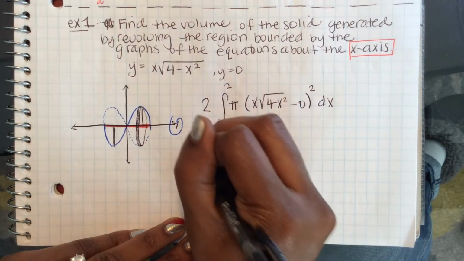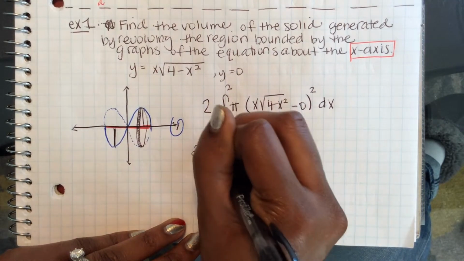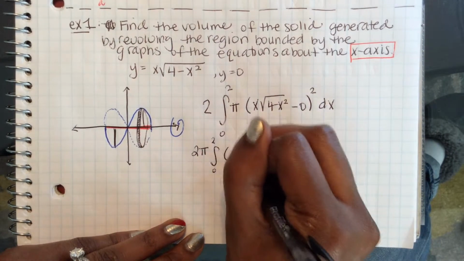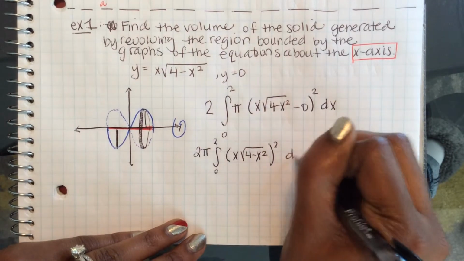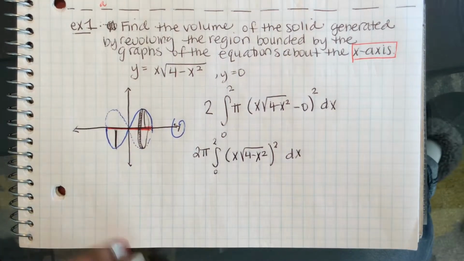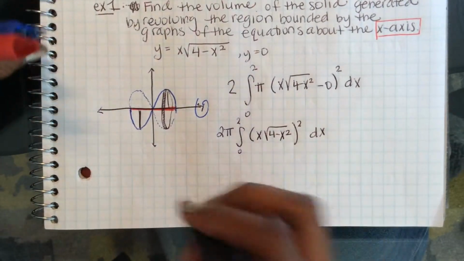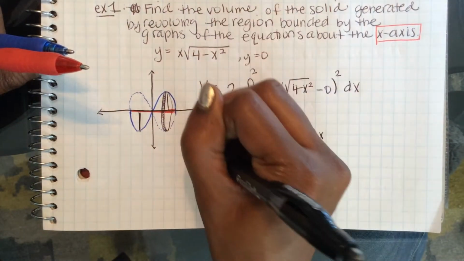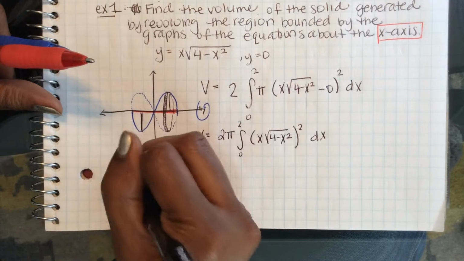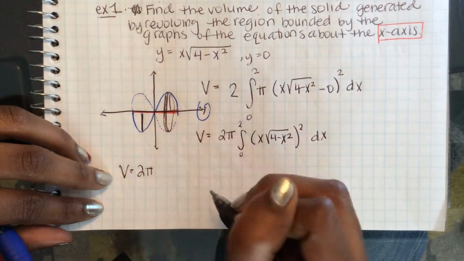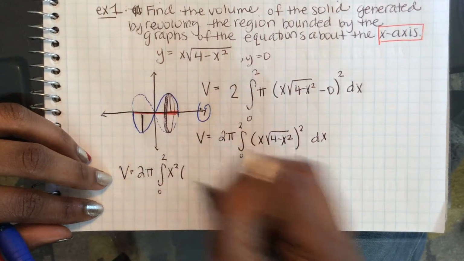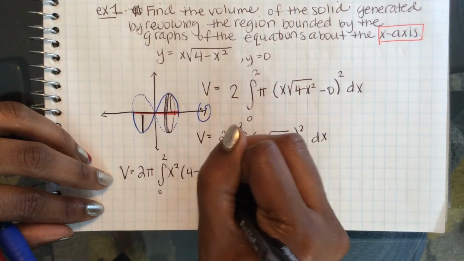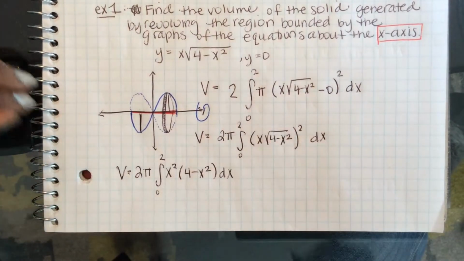So this is 2 pi times the integral from 0 to 2 of x square root 4 minus x squared, squared, dx. Well, this becomes, and this is the volume we're finding, volume equals 2 pi integral from 0 to 2 of x squared times 4 minus x squared dx.